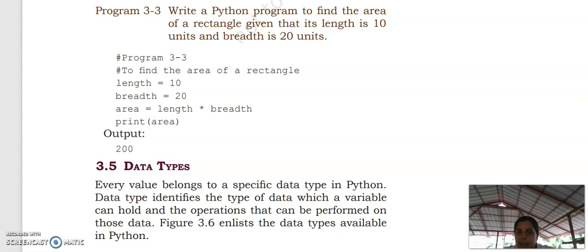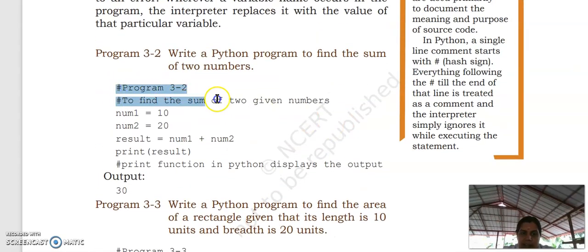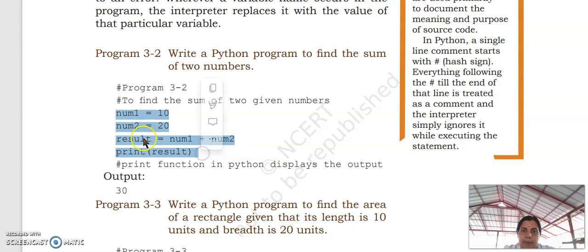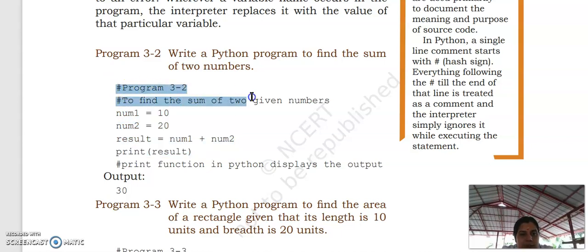After studying data types, you can understand this program. And I think you have some doubt regarding this symbol, this hash symbol. Hash program 32, hash to find the sum of two given numbers. In Python, we are using hash to give comments. Comments are used for the understandability of the user. So these portions will work in the interpreter, but these statements will not work.